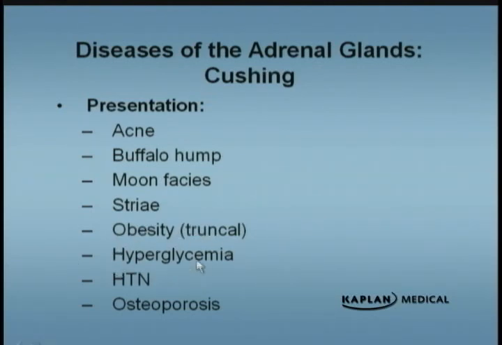hyperglycemia. This is important, finding hyperglycemia, because the corticosteroids are counter-regulatory hormones, so about 20% of these patients have frank diabetes, and they also develop hypertension in a good percent of the population because the corticosteroids, again, cortisol has mineralocorticoid action.